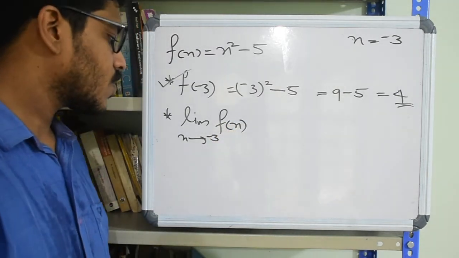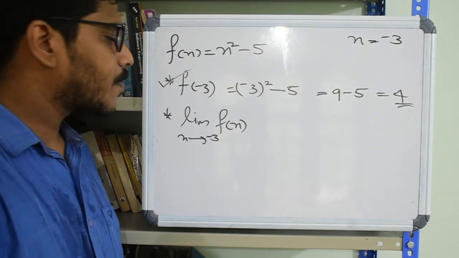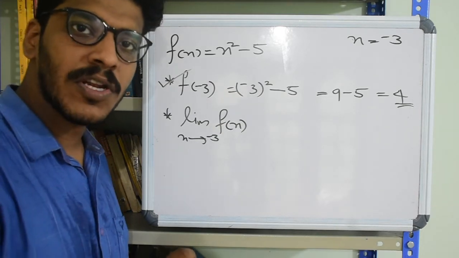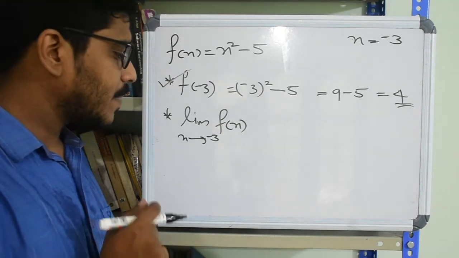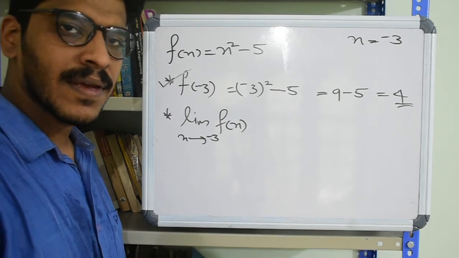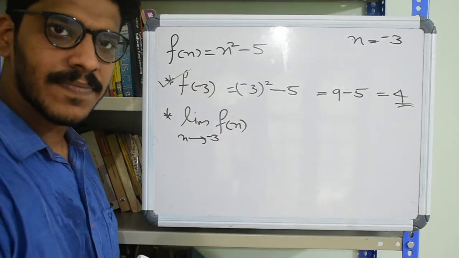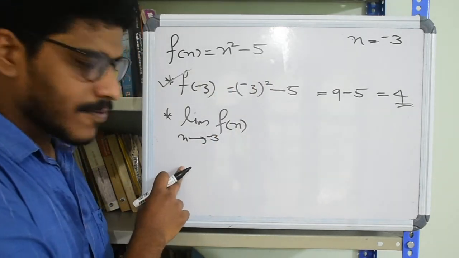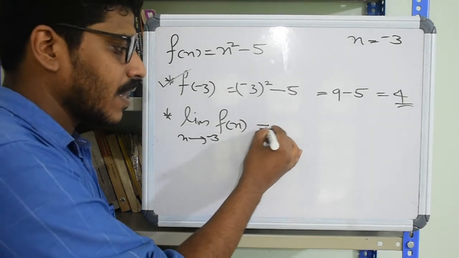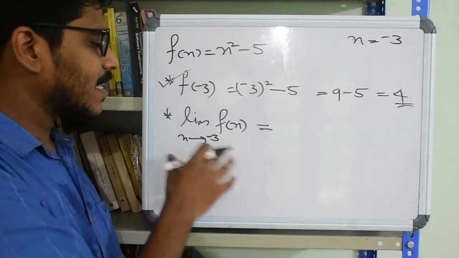When we discussed limits, in the properties part, we saw that if f of x is a polynomial function, then limit x tends to a of f of x is nothing but f of a. Here x square minus 5 is a polynomial function in x, and for that reason limit x tends to minus 3 of f of x is f of minus 3, and that itself gives the fact that the function is continuous.